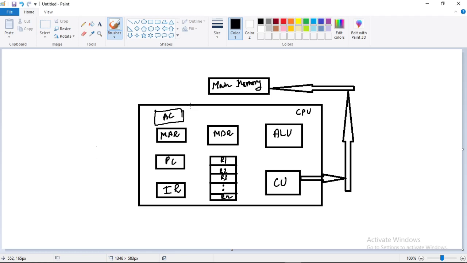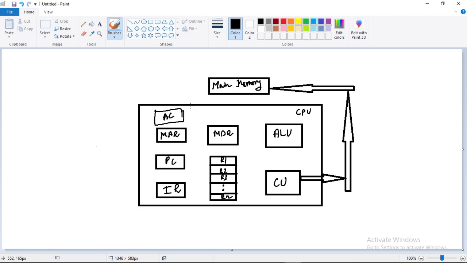Okay? And the size of the accumulator can vary from processor to processor. You can write those things because I'm just saying them in a flow.